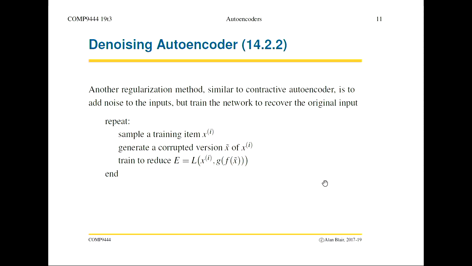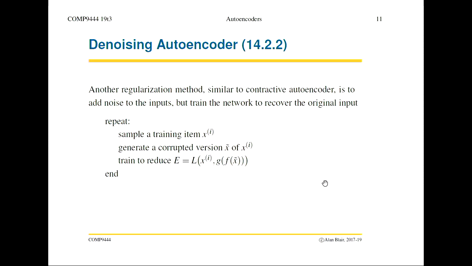And finally, we have what's called the denoising autoencoder. Well, not finally, because we'll get to the variational autoencoder. But the denoising autoencoder is a similar idea, but what happens here is you start with an image and then you corrupt the image by adding some noise. You add some Gaussian values to the noise as if it was like on a fuzzy television screen or something.